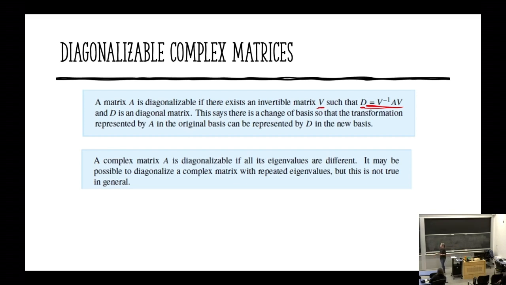And a complex matrix A is diagonalizable if all the eigenvalues are different. So it has all multiplicity of 1. It could be possible to diagonalize a complex matrix with repeated eigenvalues, but that's not true in general.